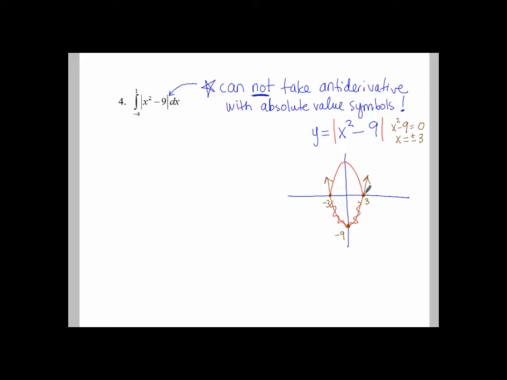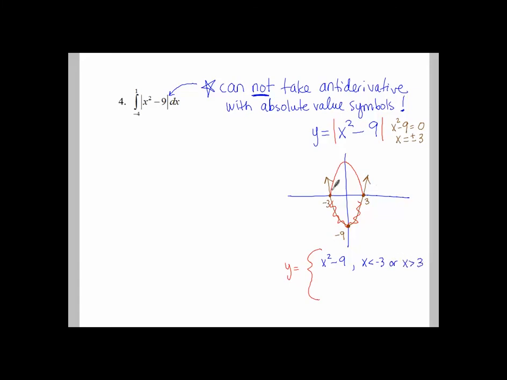So really, this function is equal to the piecewise function, where the regular part of the graph, which was just x squared minus 9 as it was to begin with, is good for the part of the domain where x is less than -3 and where x is greater than 3.